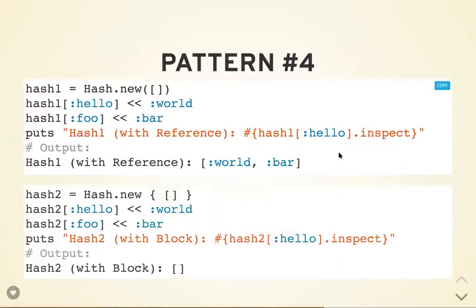What we probably wanted was this. We wanted to pass it a block, which means that whenever you call the hash with a key that does not exist, Ruby will call into your block and give you a new copy of the array. So in this case, I add world to hello, I add foo to bar, and then when I print it, I get nothing.